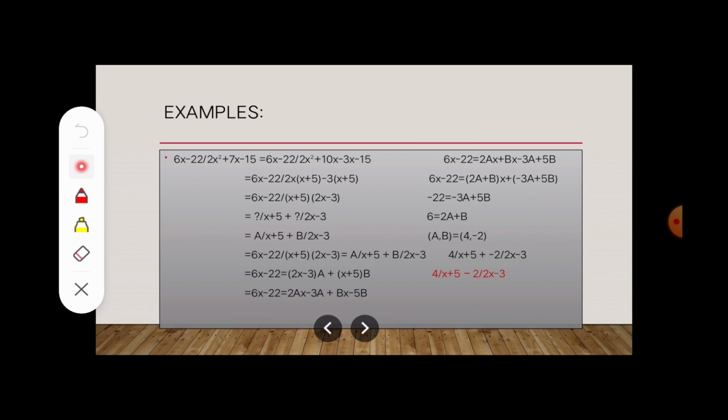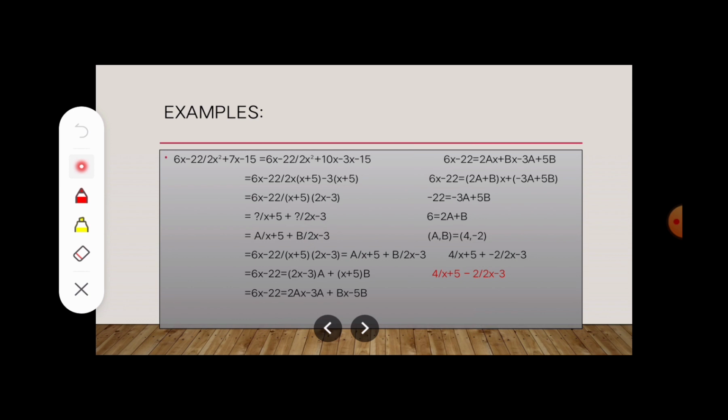Then since the factor in the denominator is linear, the numerator is an unknown constant. So the unknown numerator is a over x plus 5 plus b over 2x minus 3.